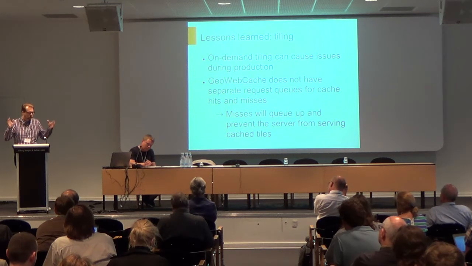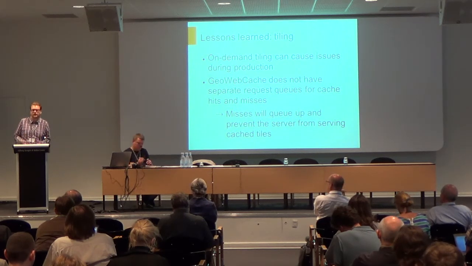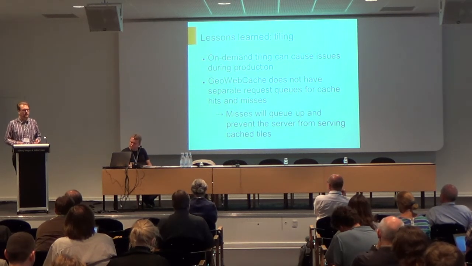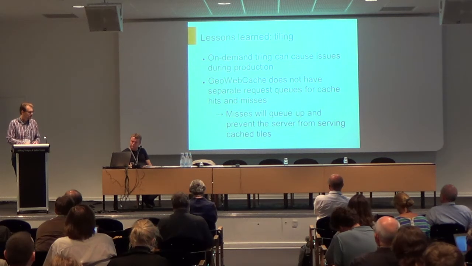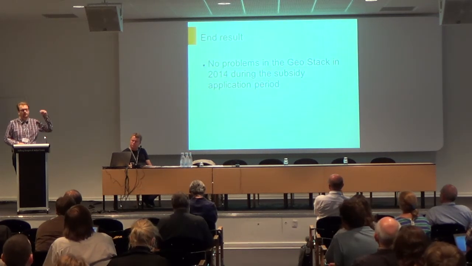So you will run into the issue that the whole queue is full of requests that wait for tiling, which comes to the point that not even the already completed tiles are able to be processed. And that's about it. And there were no problems this year.